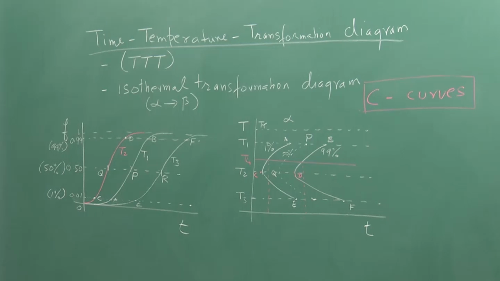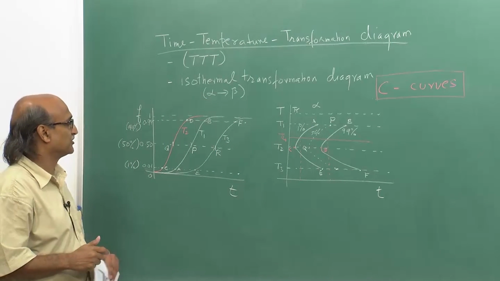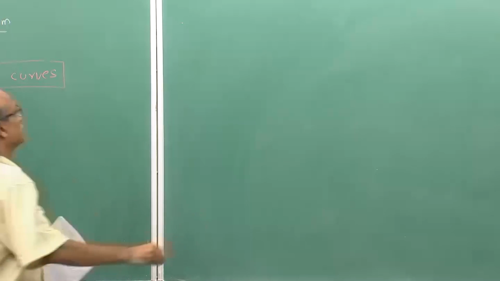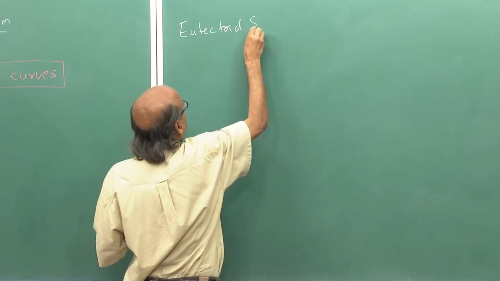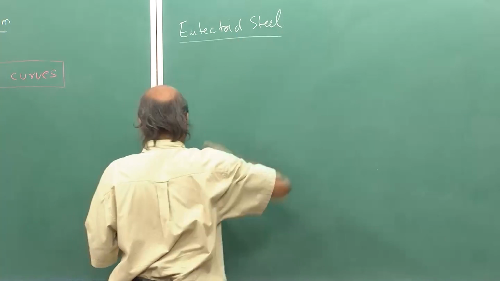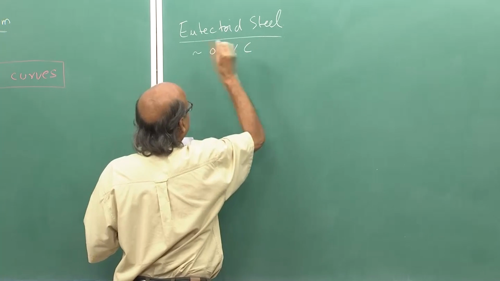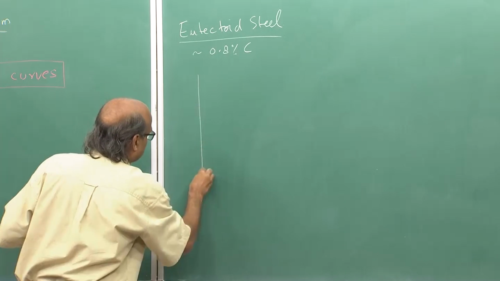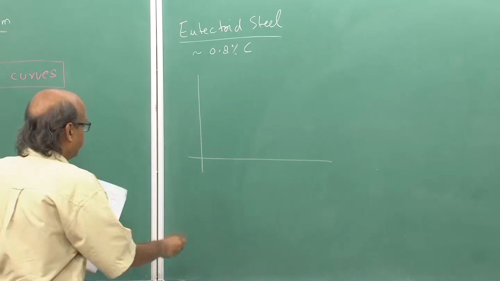Now these kinds of curves can be drawn for different transformations in different material systems. Suppose we take the example of a eutectoid steel, that is roughly 0.8% carbon, and let me sketch the TTT diagram for the eutectoid steel.